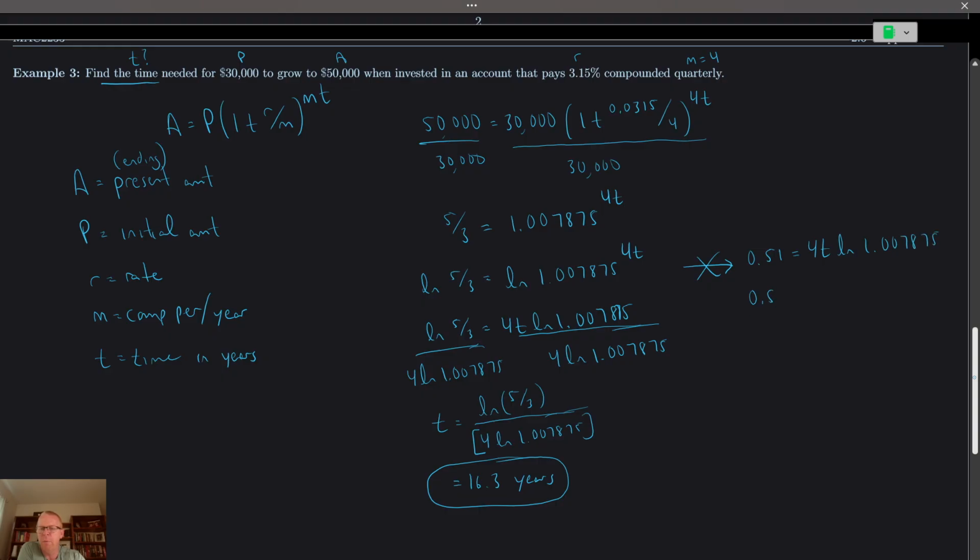So we get 0.51 equals, now let's put 4 ln 1.007875 into the calculator, and we get 0.0313766161. So let's round that off at 0.03. Terrible idea. All right, so 0.51 divided by 0.03 is 17.